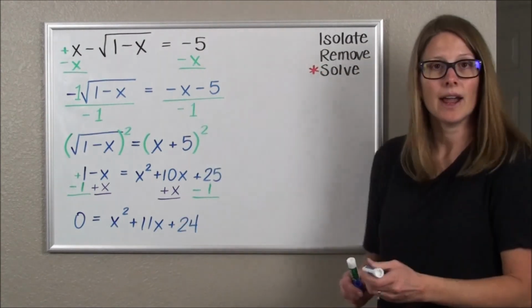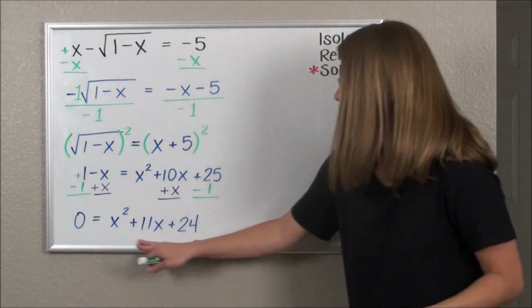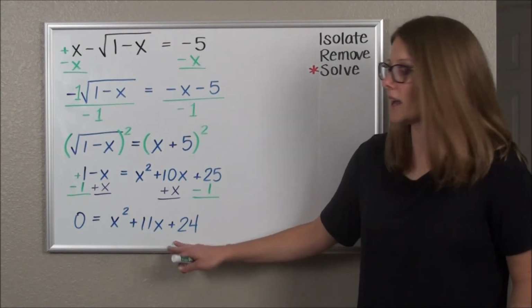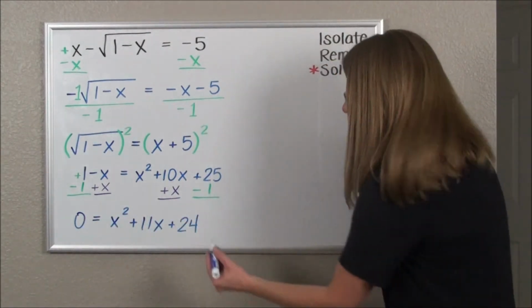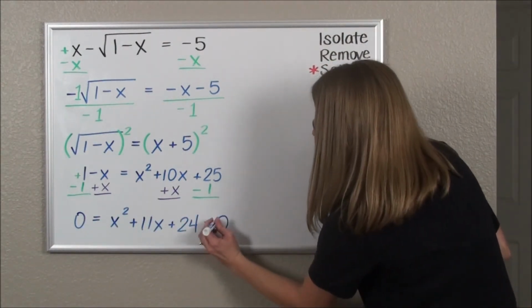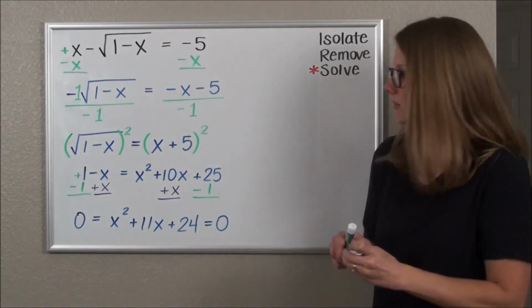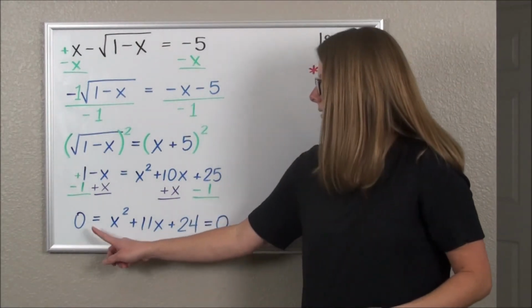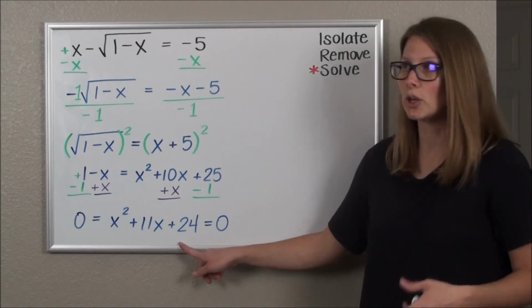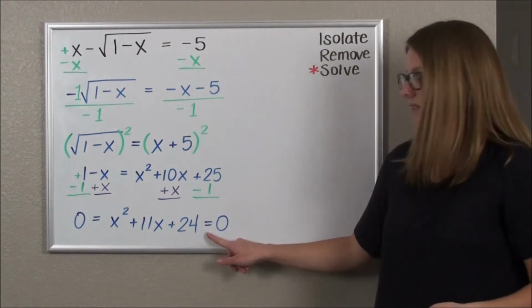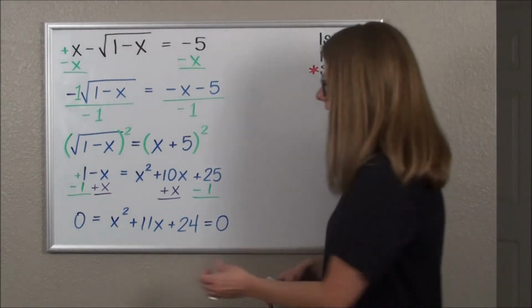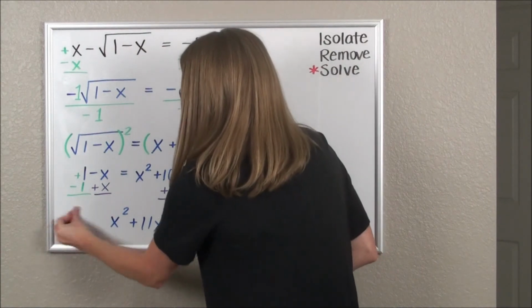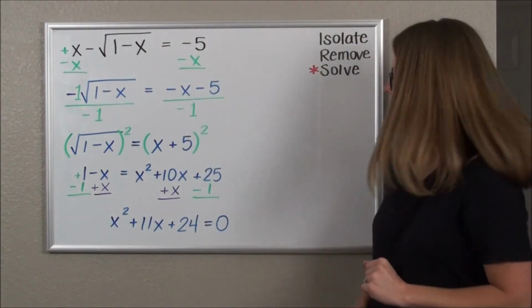So now I have a trinomial. 0 equals this stuff. Now, if it bothers you to have the 0 on the left, you can just put the 0 on the right because equations can be read in any direction. 0 is the same as this trinomial. Could be said, this trinomial is the same as 0. So it doesn't matter what side. And if you like the 0 on the right, you certainly can move it just like that.